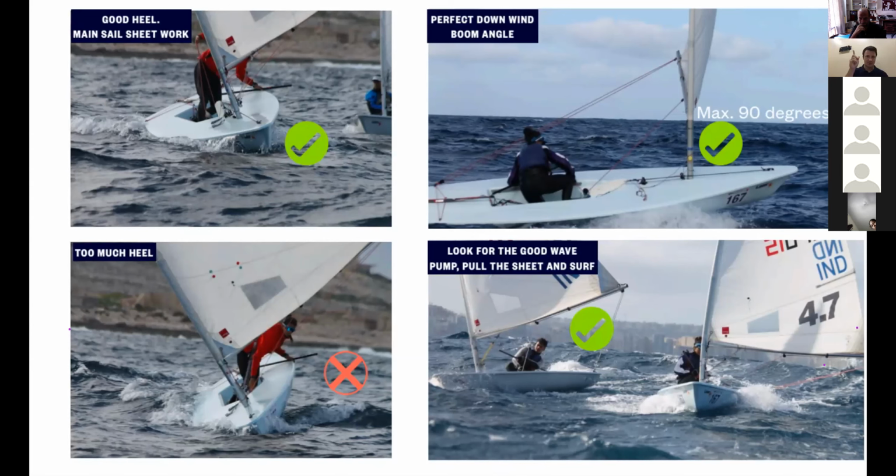Top right. This is what I told you about the 90 degrees. When you are sailing downwind, this is the mast and this is the boom. While you are easing the main sheet, it should stop at 90 degrees maximum. Mast, boom, 90 degrees. Of course, we are talking about downwind, not reach. Reach is different. Whenever you go more, it's already a loss of force.